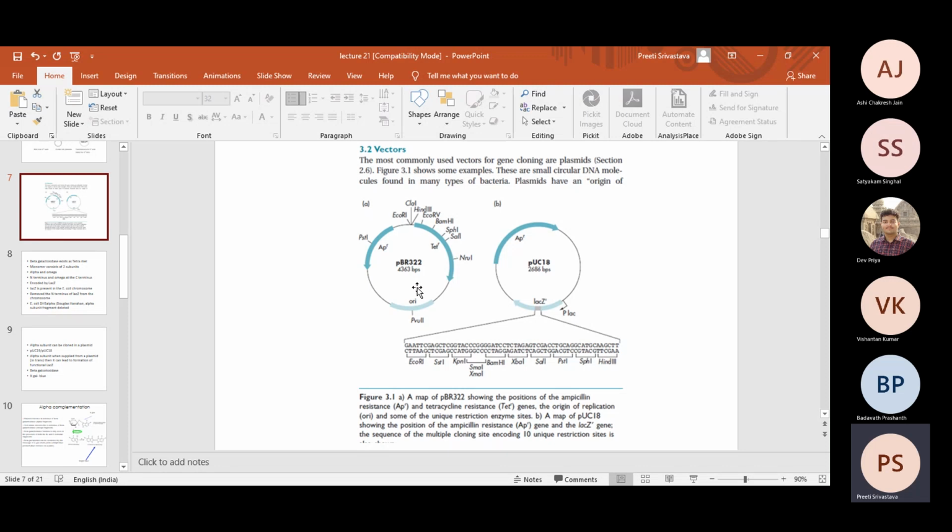The third reason for selecting pUC19 as a cloning vector for genomic DNA library preparation is the copy number. If you remember, we discussed in class that pUC18 or pUC19 is a high copy number plasmid. It can exist in something like 500 or 400 copies per cell.